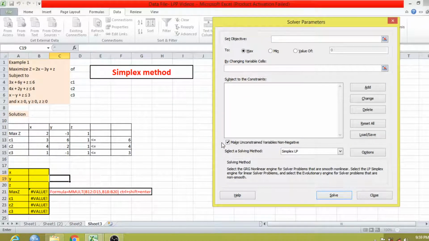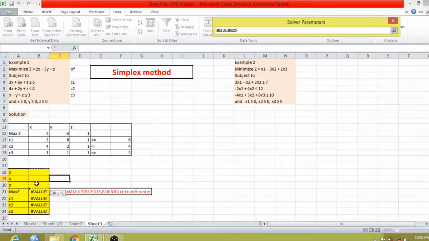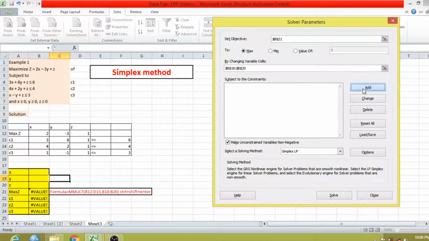Now one by one I will select these cells, ranges of cells. So first is the set objective cell, where we want our optimum solution, so this is our cell. Then what is our objective function? Maximize. That's okay. By changing variables, we will select these all three. Then add constraints.